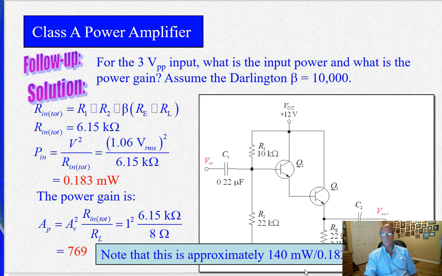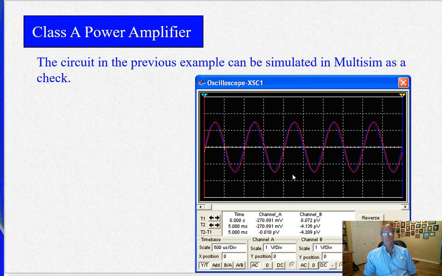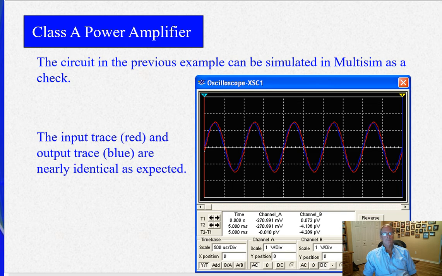It comes in a little bit less, and it has to do with the fact that this is not exactly a voltage gain of 1. In Multisim, you see it's about 1, a little higher on the red. So you don't have quite a gain of 1 here, a little less.